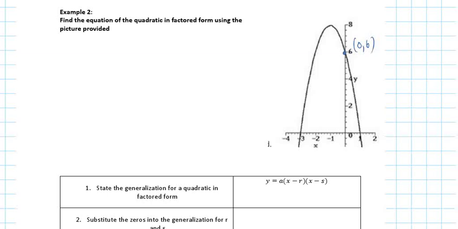Scientists do use it. So you want to know where it lands, and that's when the factored form is important. Now, to use the factored form, I need to know the zeros, because we just learned that the factored form gives me the zeros.